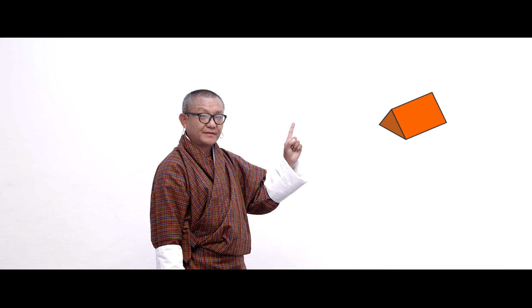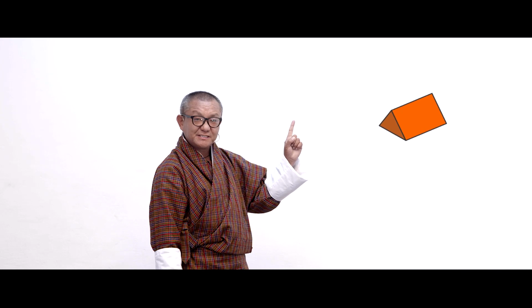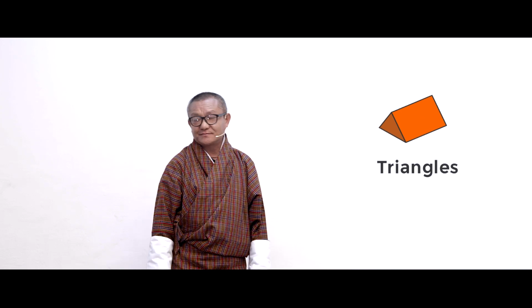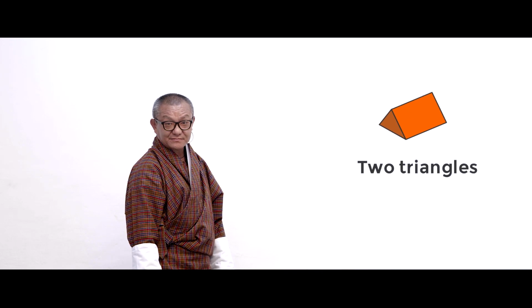Now, let's go to another 3D shape. Look, I have a shape here, a 3D shape. Here, you can see 2 triangles.